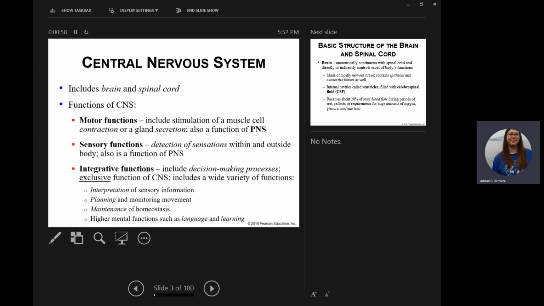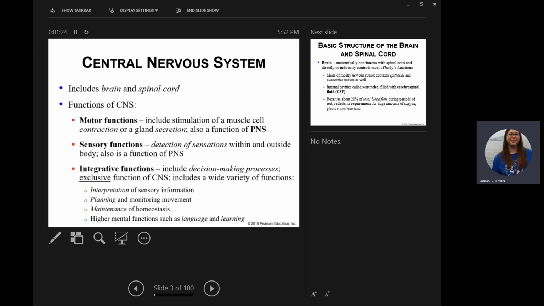Which of those three is specific to the central nervous system versus peripheral? Integrative functions, right? Motor functions include stimulation of a muscle cell contraction or a gland secretion. Motor functions are also a function of the peripheral nervous system.